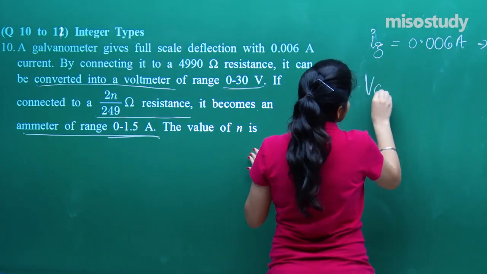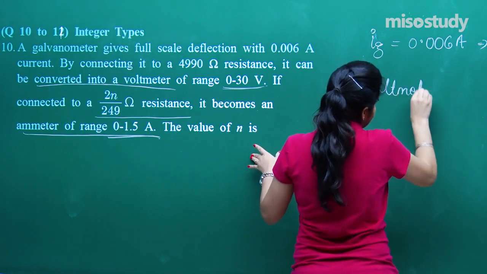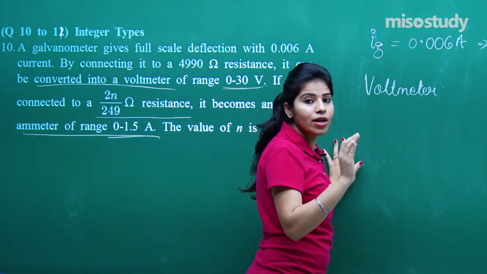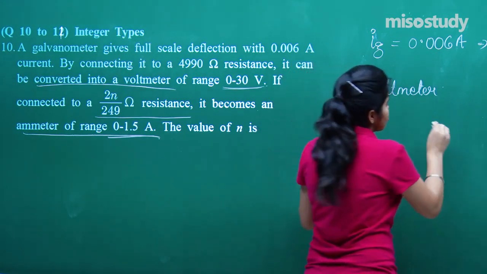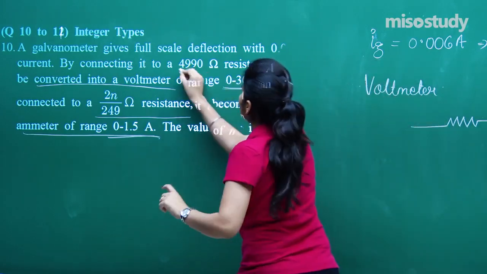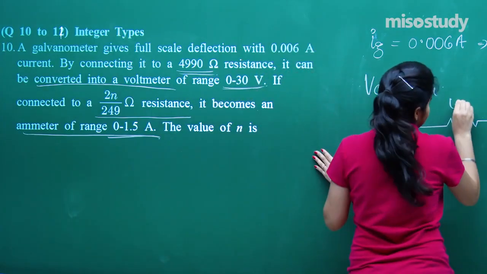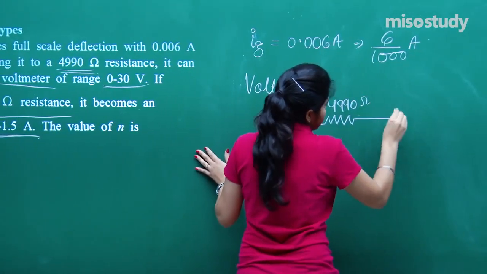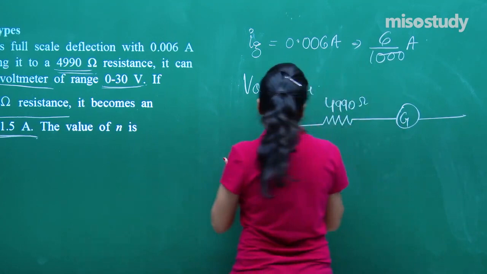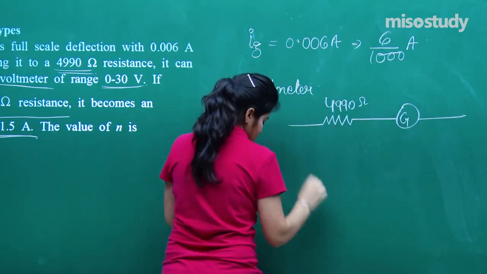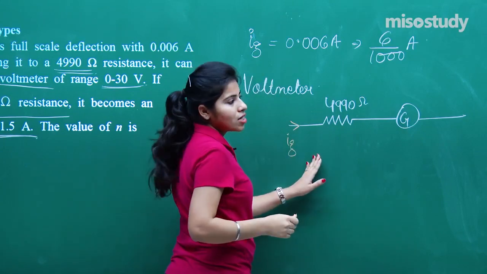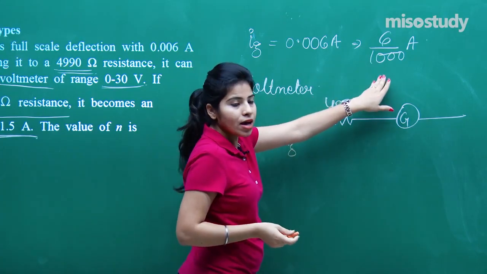So first of all, let me talk about the voltmeter. As I told you, in the case of a voltmeter, we connect a high value resistance in series. So the high value resistance that has been given is the 4990 ohm resistance. This is connected in series with this galvanometer. Here my Ig was 6 by 1000 ampere.